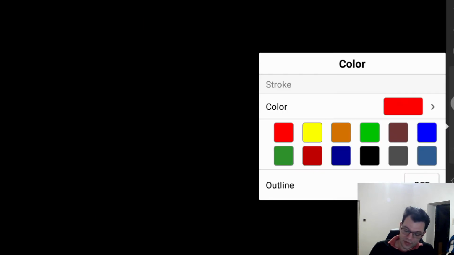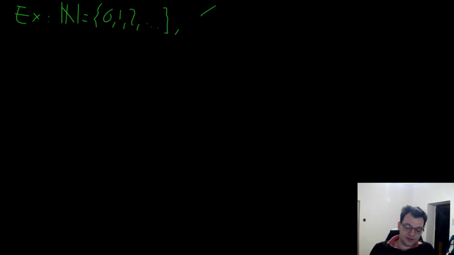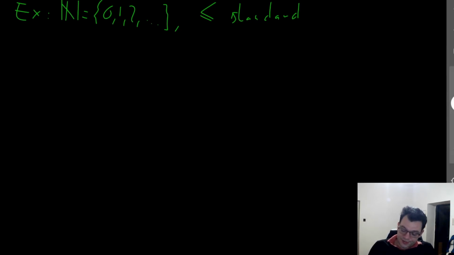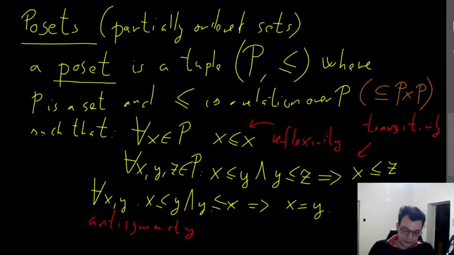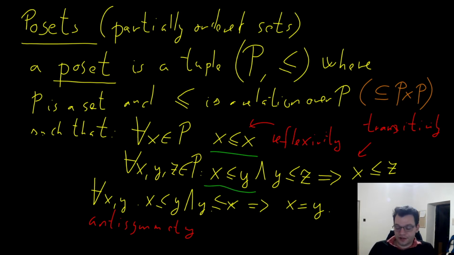Now let's see some examples. Of course, we can have the natural numbers, say 0, 1, 2, and so on, and the standard ordering. That's fine. Let's just check these axioms. Every number is smaller than or equal to itself. If x is a number and y is a larger number and z is an even larger number, then z is larger than x.